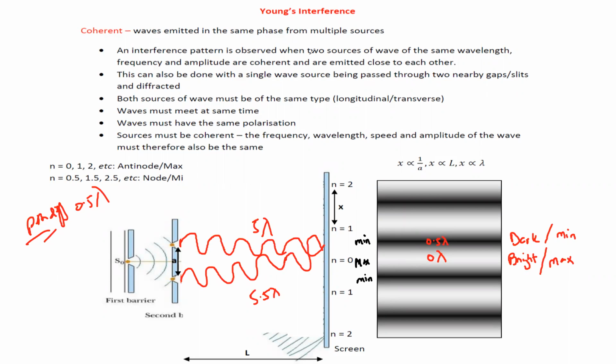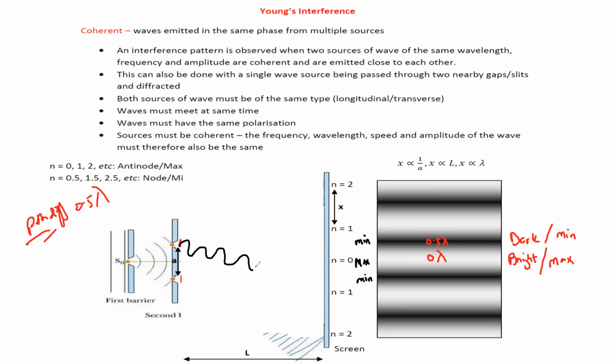Then again, the same thing will happen for the bottom as well. For example, one wave covers 6 wavelengths and the other covers 5.5 wavelengths.